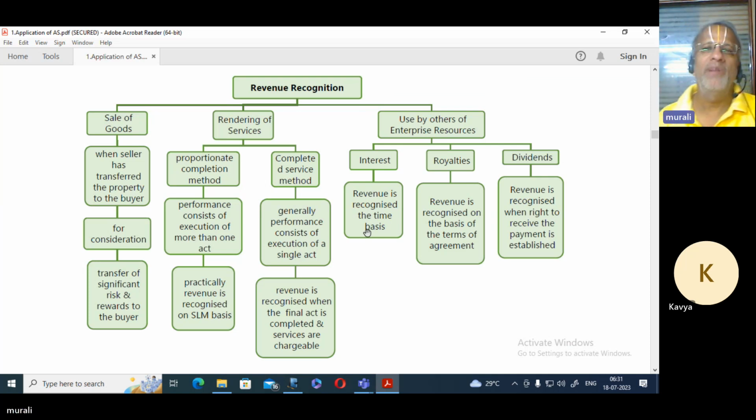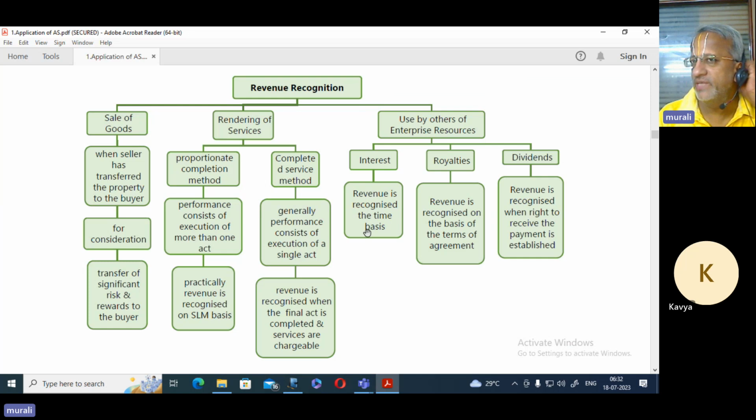Then, apart from the transfer of goods and services, we have interest, royalty, dividend, etc. What do you mean by that? We generate income in some cases where interest is to be considered as our income. Our company may be a finance company.